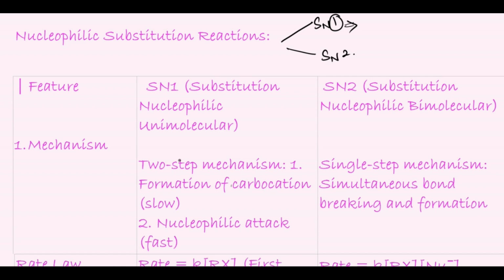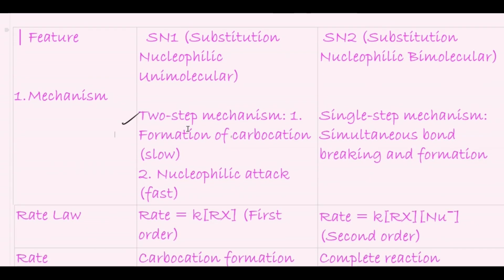But the reactant only decides the rate of the reaction, not the nucleophile. So that is unimolecular. It follows a two-step mechanism. The first step is formation of carbocation and the second step is nucleophilic attack. The first step is the slow step, which is the rate determining step also.